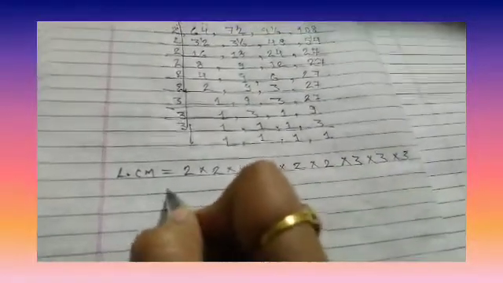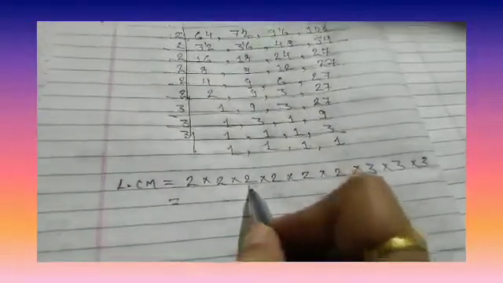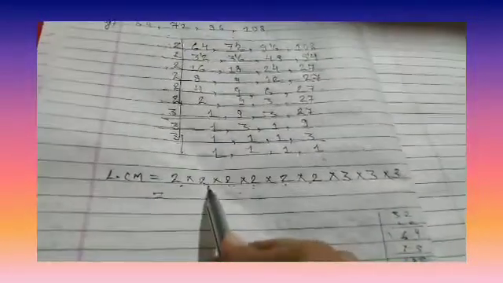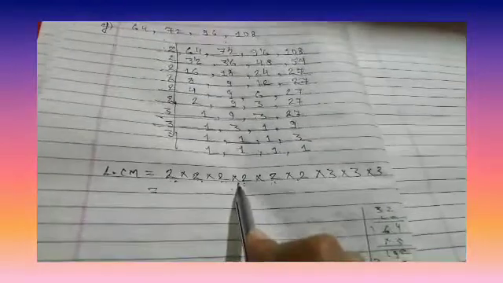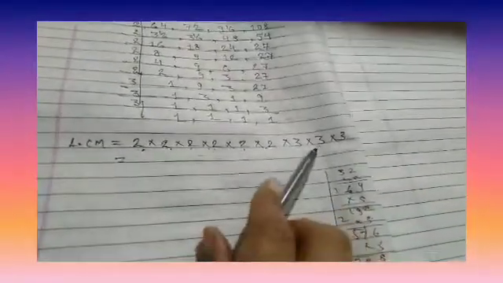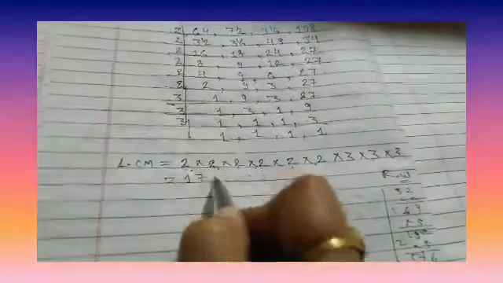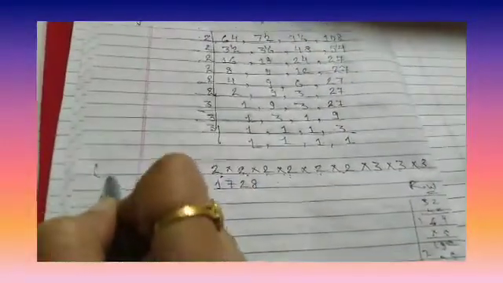Okay, so LCM: 2 2s are 4, 4 2s are 8, 8 2s are 16, 16 2s are 32, 32 2s are 64, 64 3s are 192, 192 3s are 576, 576 3s are 1728. This is rough work. You can write the rough work, and the answer is 1728. This is our answer.